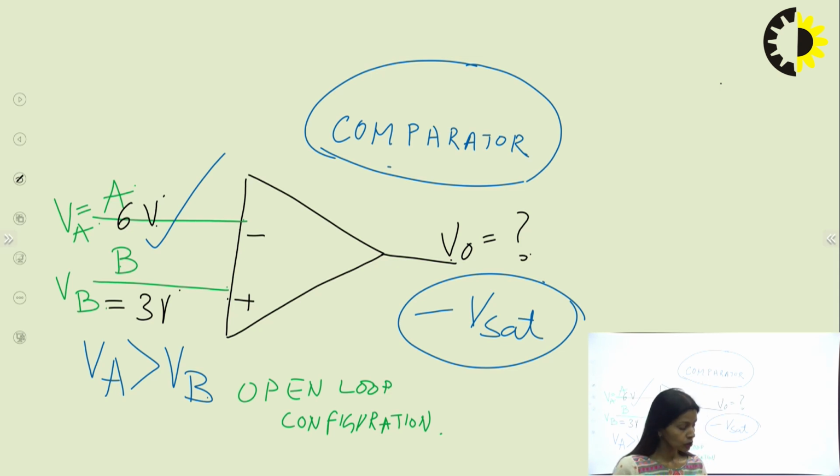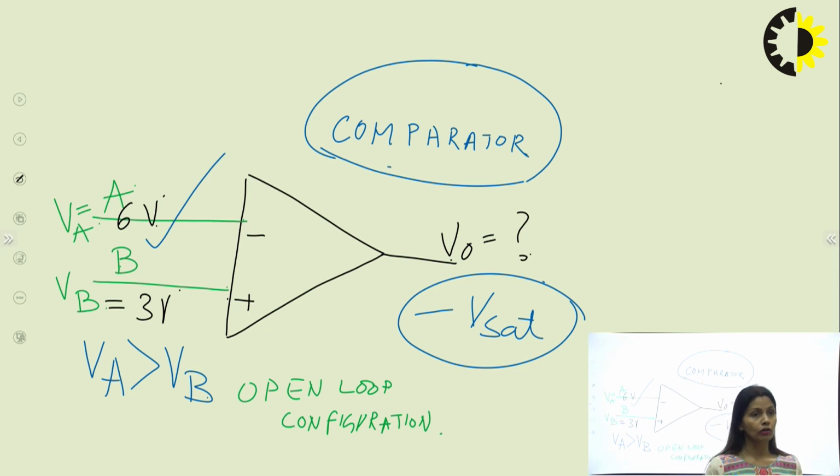Suppose we had given this to be 5 volts and this to be 3 volts, then the output would be plus VSAT.